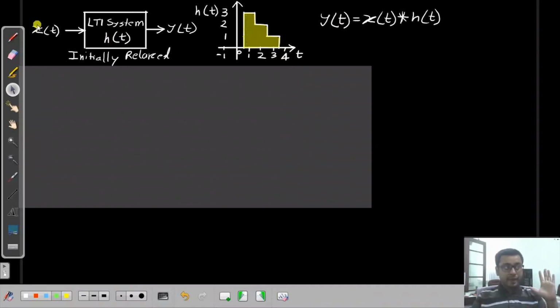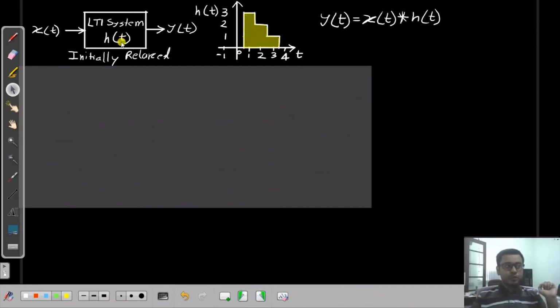Because if you apply any arbitrary input under initially relaxed condition, then you can calculate the output using this formula. Output equal to the convolution of input and impulse response. So knowing impulse response means knowing everything about an LTI system.